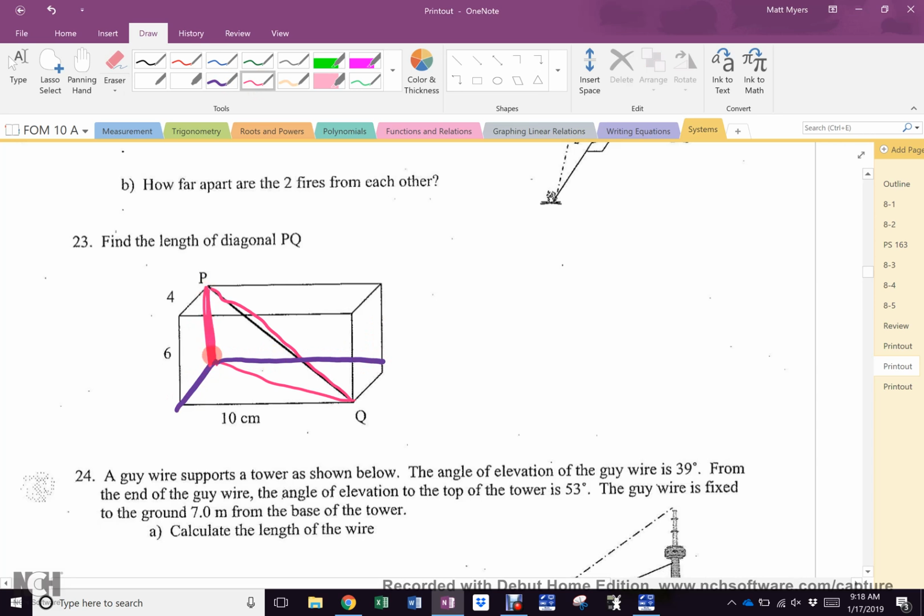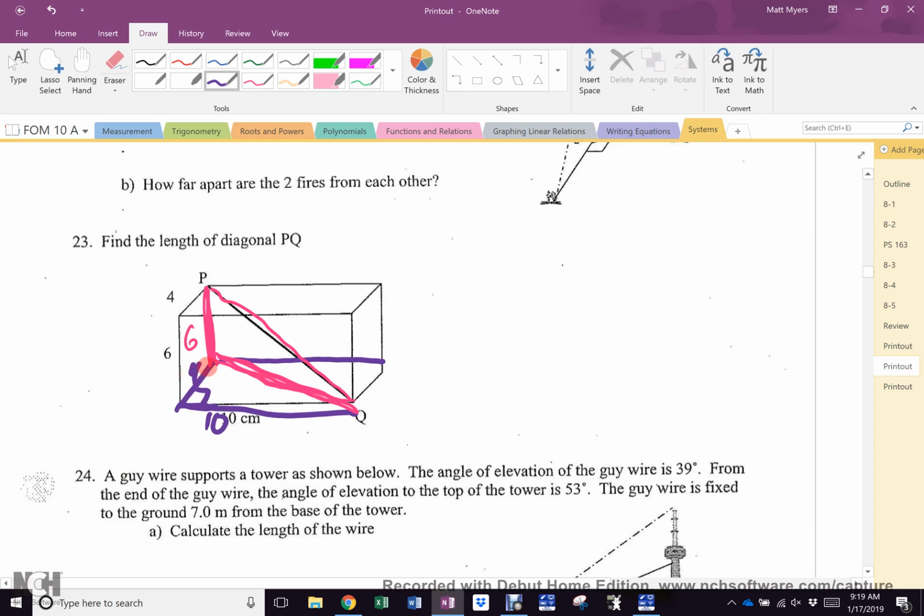I need that side, which is what? 6. And if I know that side, I'm in business, don't I? I can do the math, because how long is this purple side? 4. How long is this side? 10. What angle is right there? 90. Even though it doesn't look 90, it is. So isn't that pink line the hypotenuse of 4 and 10?